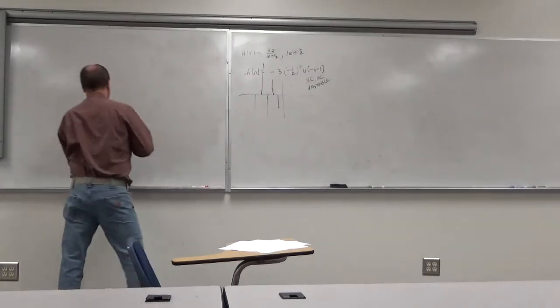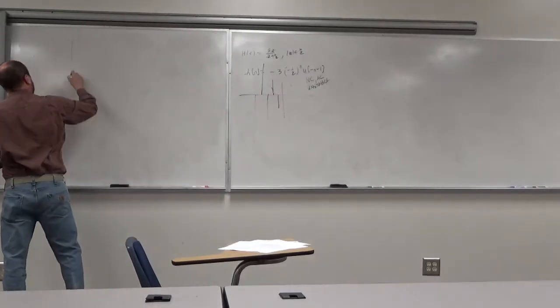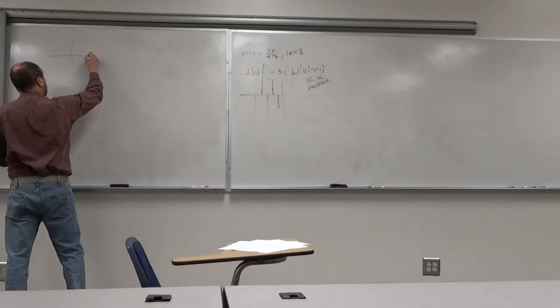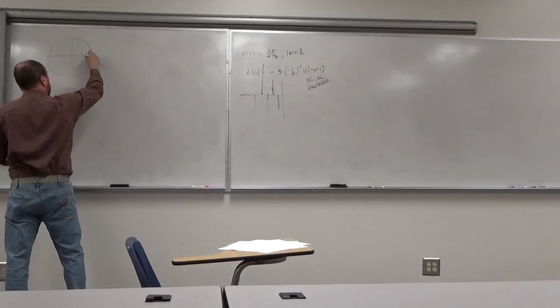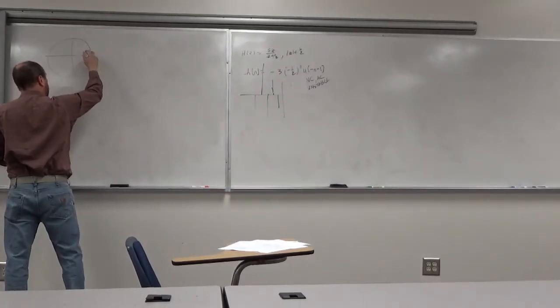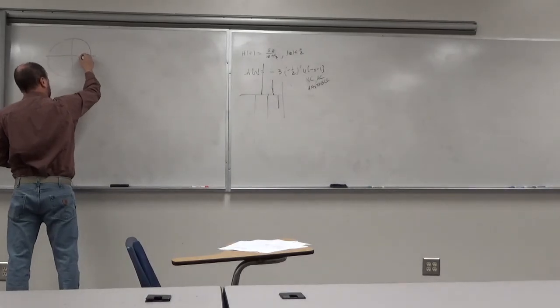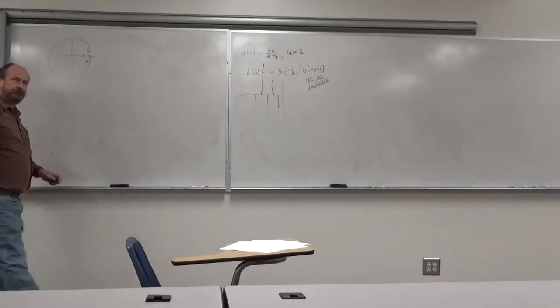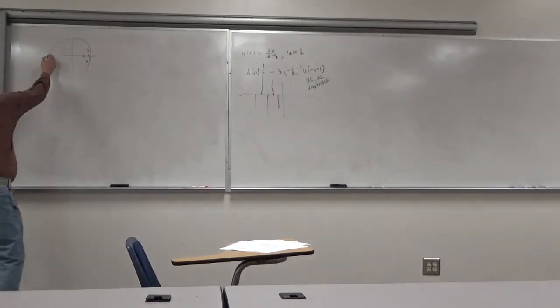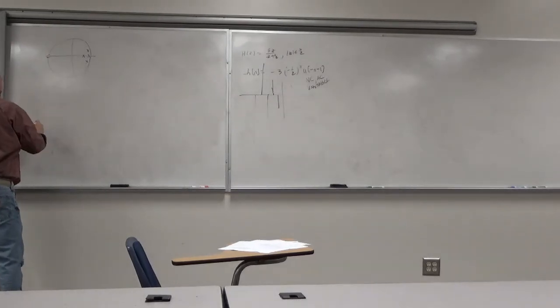H of z, I'm going to give you a system, and there's the unit circle, and I'm going to say that's pole there, pole there, pole there, pole there, and maybe a couple of zeros there or something.